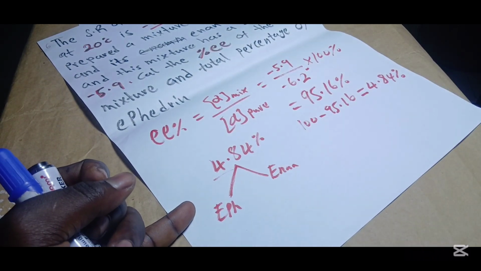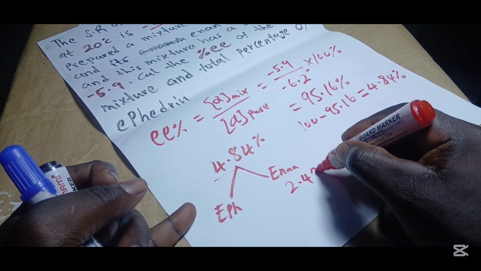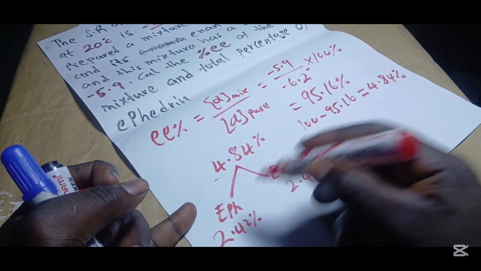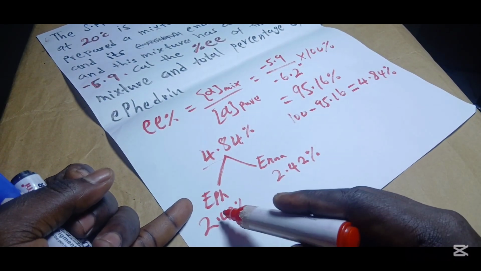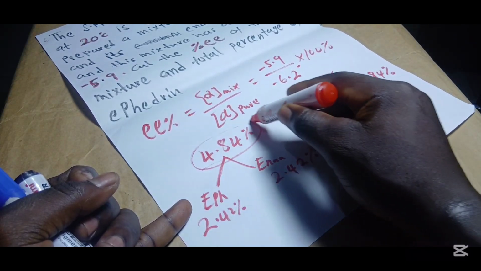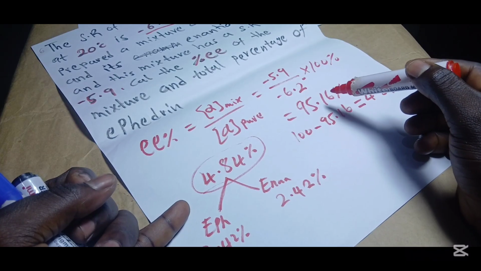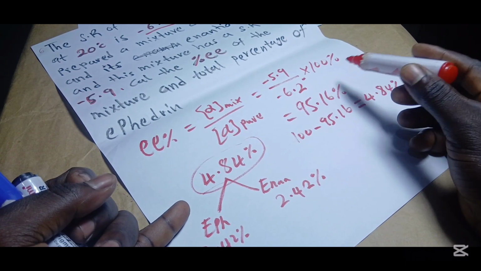Dividing it by 2 gives us 2.42% and 2.42%. It means that 2.42 of the ephedrine and 2.42 of its enantiomer came together to form a racemic mixture of 4.84%. That's why we are not getting the percentage of the enantiomeric excess of ephedrine to be 100%.